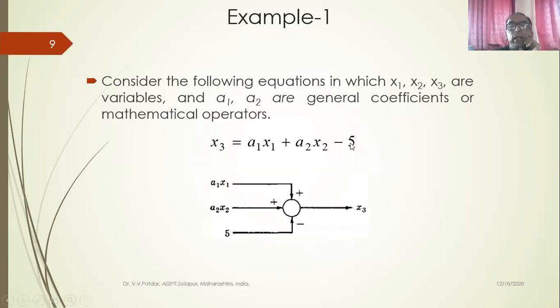Then one subtracting element, 5, is subtracted. So a1 x1 plus a2 x2 minus 5 will be equal to x3. This is how I convert that equation into a block diagram representation using a summing point. And for a1 x1, I can have x1 multiplied by some element characteristic a1, giving a1 x1. So coming out is a1 x1.